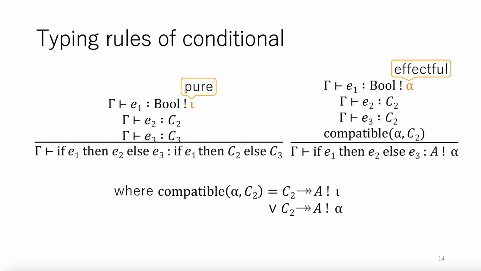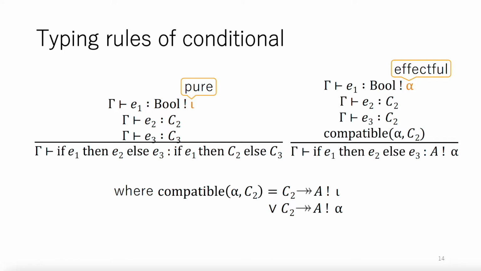Like the dependent application rule, this rule requires the test term E1 to be a pure term as it appears in the result type. But unlike the dependent application rule, it doesn't check the compatibility of effects as it allows any combination of the computational types C2 and C3.